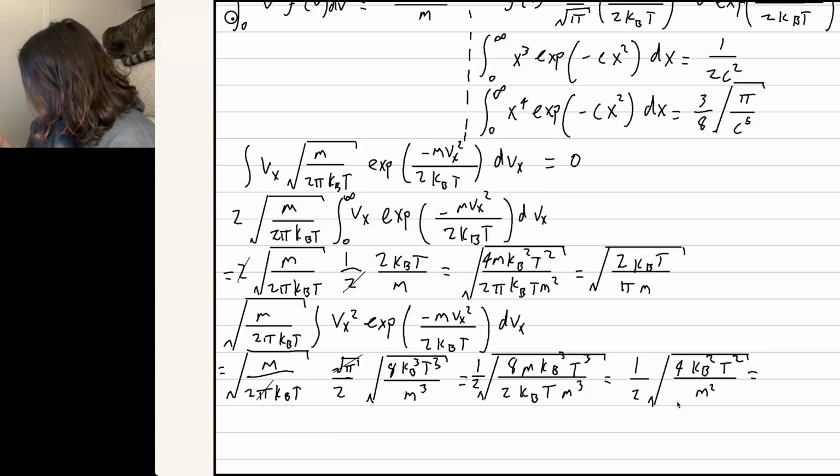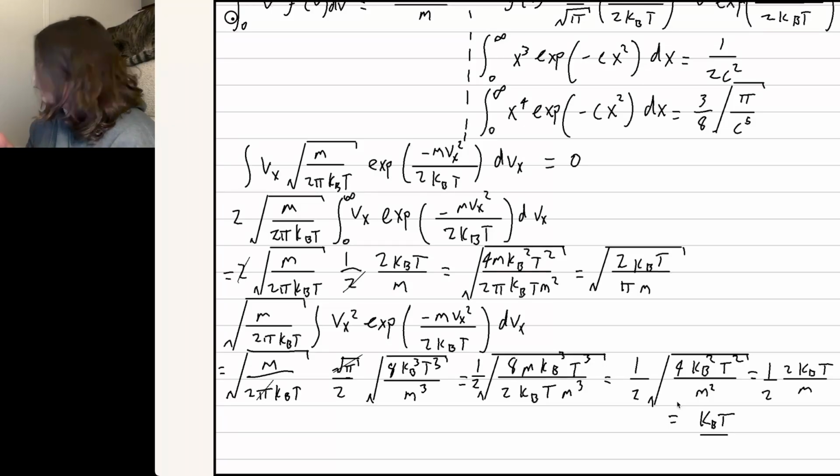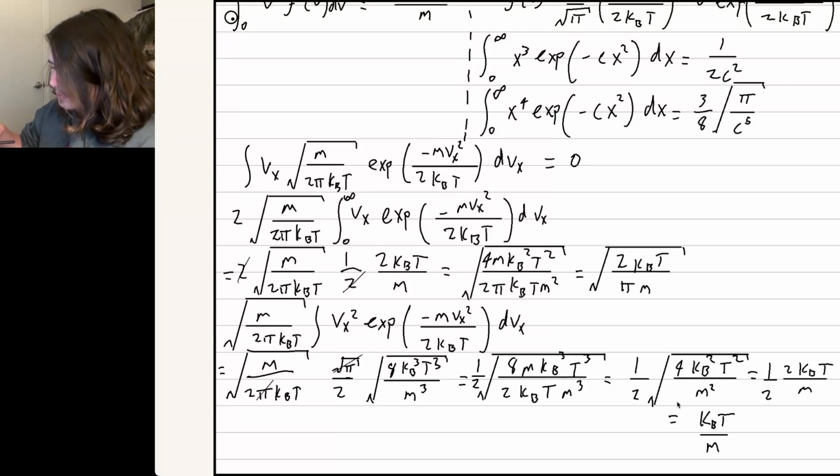And then you can simplify that, actually do the square root, so it's going to be 2 times kbt over m, and the 2's will cancel out, and you just have kbt over m, which is what Blundell got, so we'll keep going.